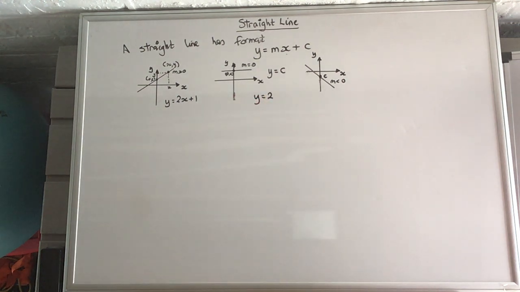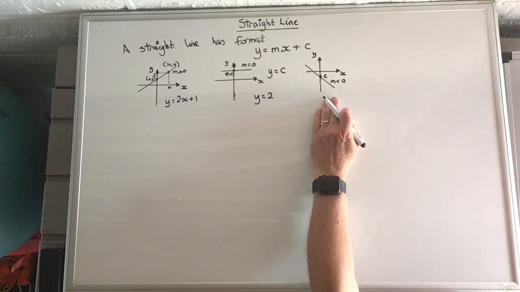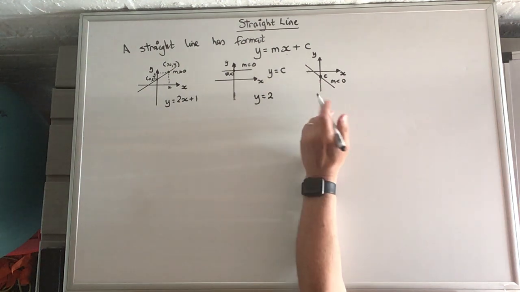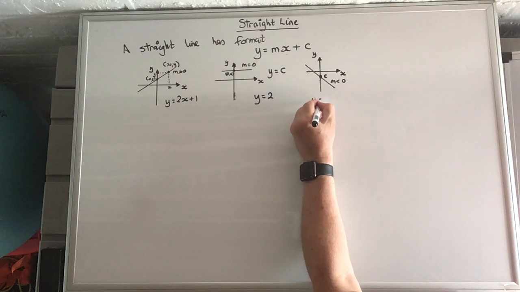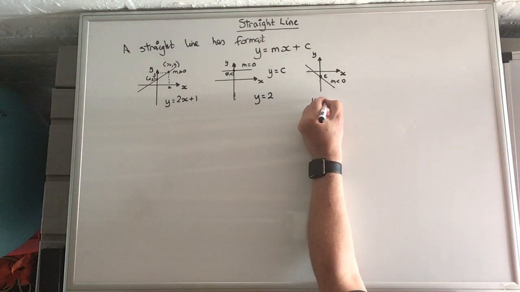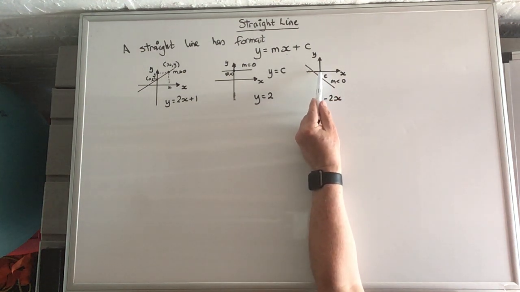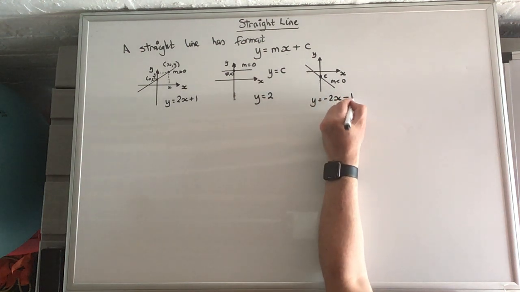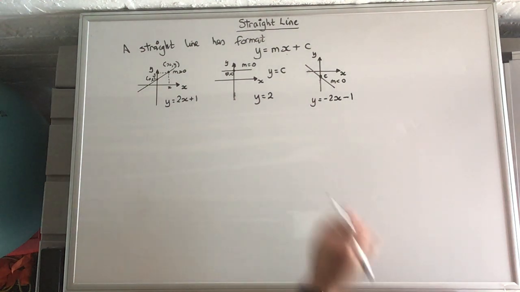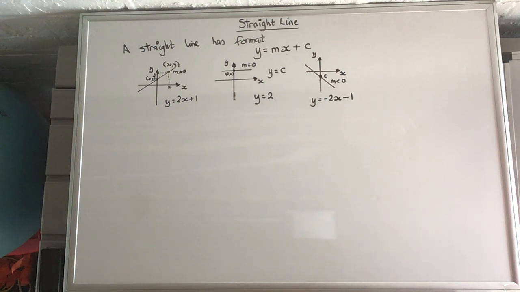For this last one, the gradient is negative, so maybe y equals minus 2x. And this time the c is underneath the x-axis, so c must be negative, like minus 1, crossing at minus 1. They're all possible equations for these sketches.